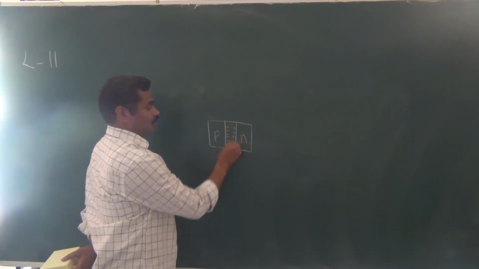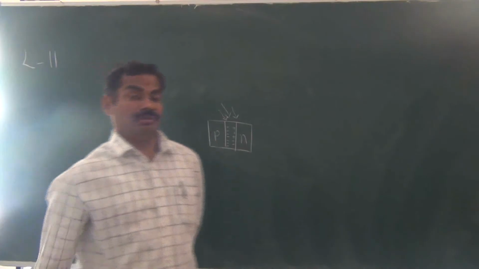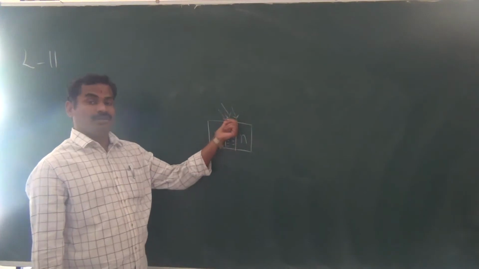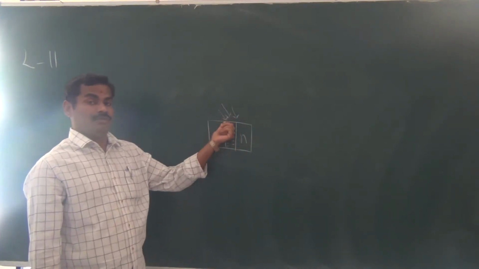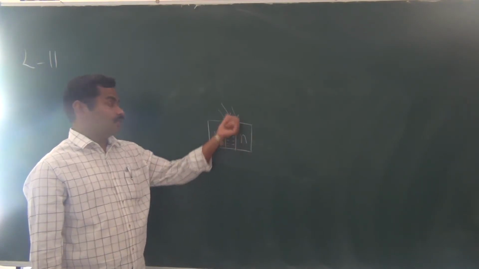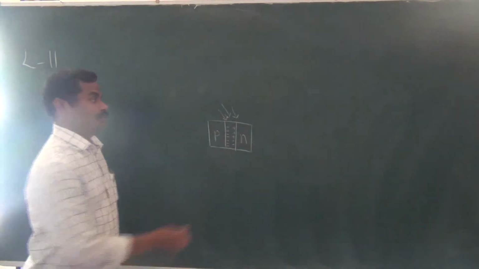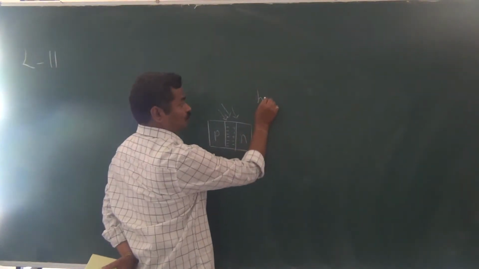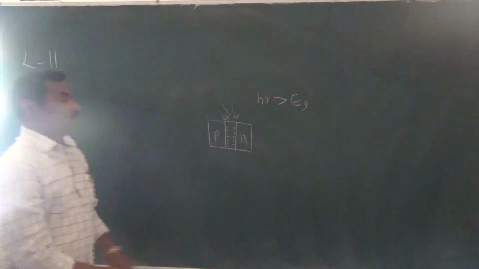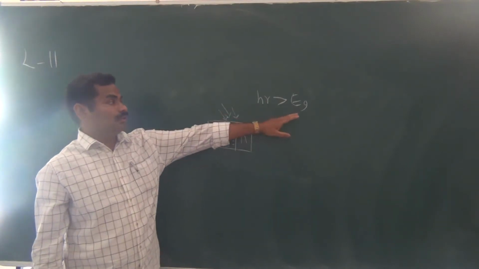Whenever light falls on the junction, or on your depletion layer, through that transparent window, the energy of the light, h nu, should be more than the energy gap Eg.